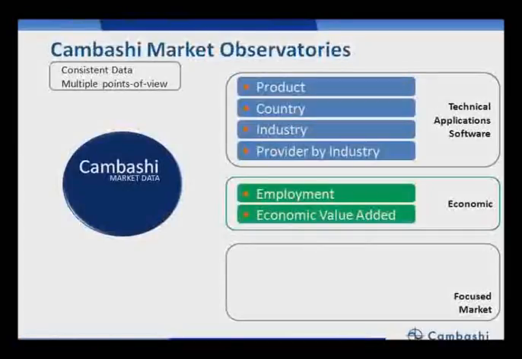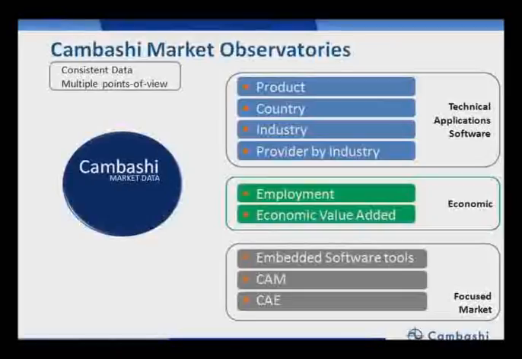The employment and value-added observatories provide detail in the industry segments that we focus on. That's all segments that invest in technical application software. And for some markets, we drill down or we take a specific view. This includes tools for embedded software development, computer-aided manufacturing, CAM, and the digital simulation tools used for computer-aided engineering.